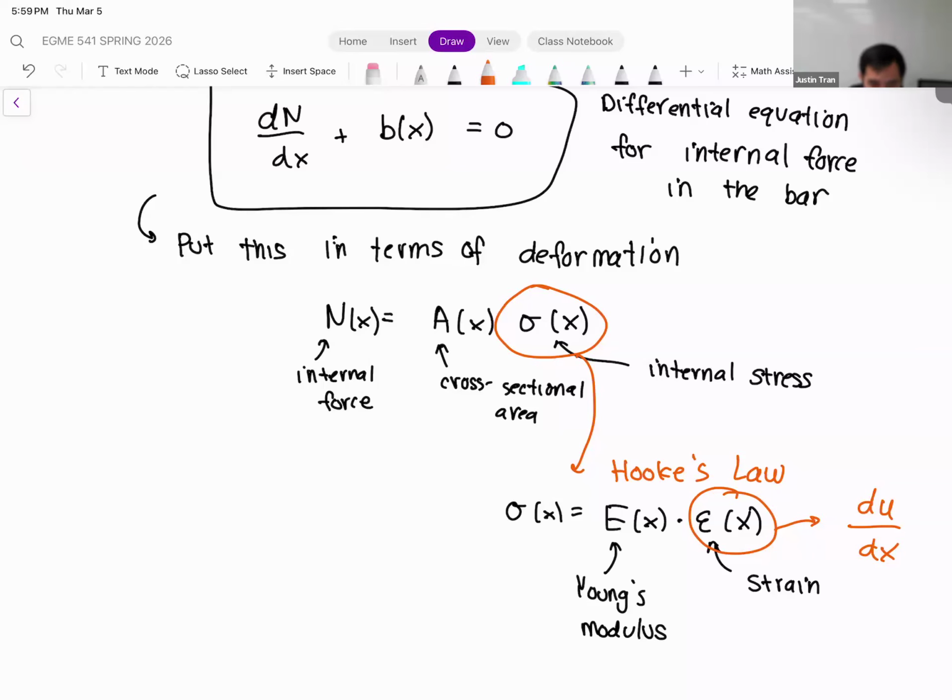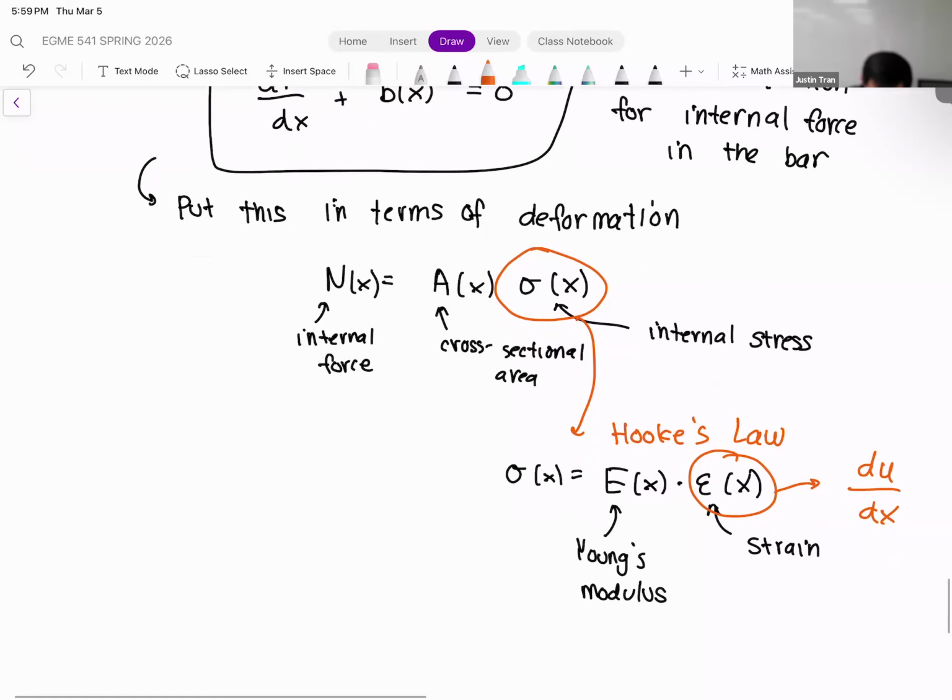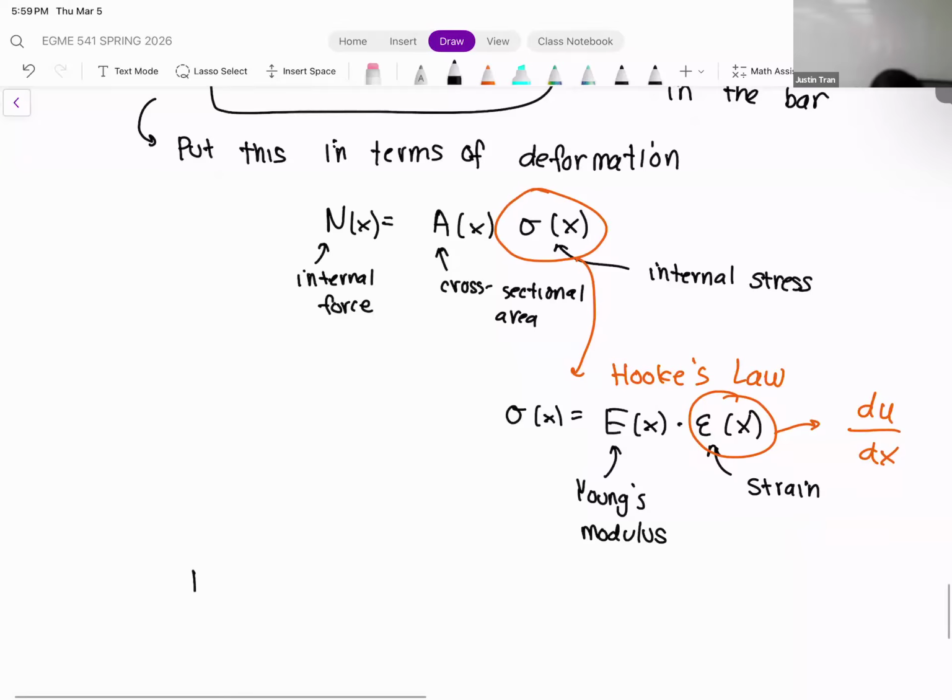So it's kind of a long chain of substitutions here. But essentially what we get is n of x is equal to area multiplied by the Young's modulus, so A of x multiplied by E of x multiplied by du dx.